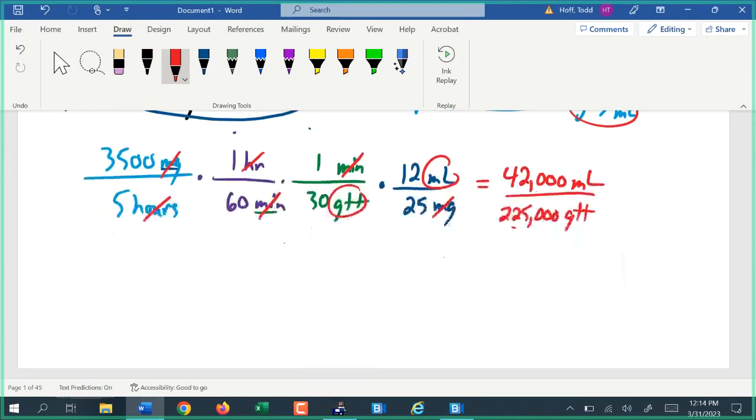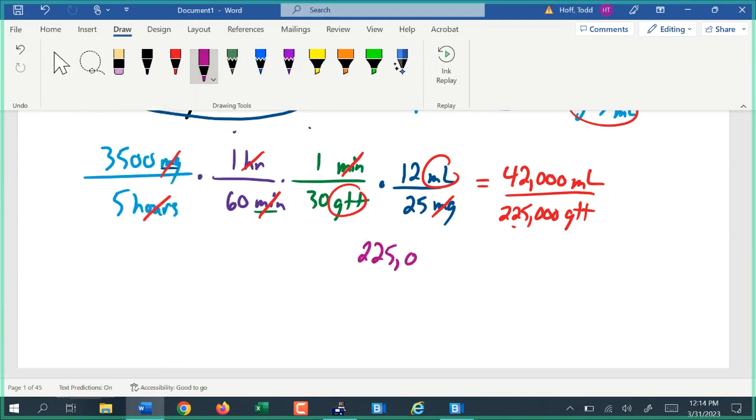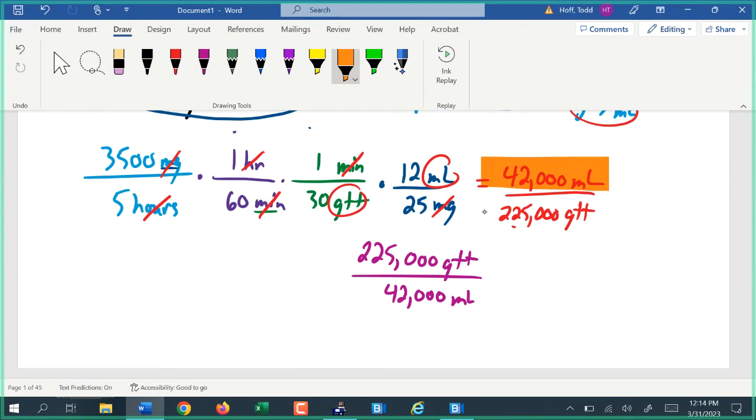Now, before we divide that out, we're going to do the reciprocal. So I'll put the 225,000 drops on top and the 42,000 milliliters on bottom. Now, again, we're able to do that because we know this is saying 42,000 milliliters is equivalent to 225,000 drops. Doesn't matter which one's on top or bottom.